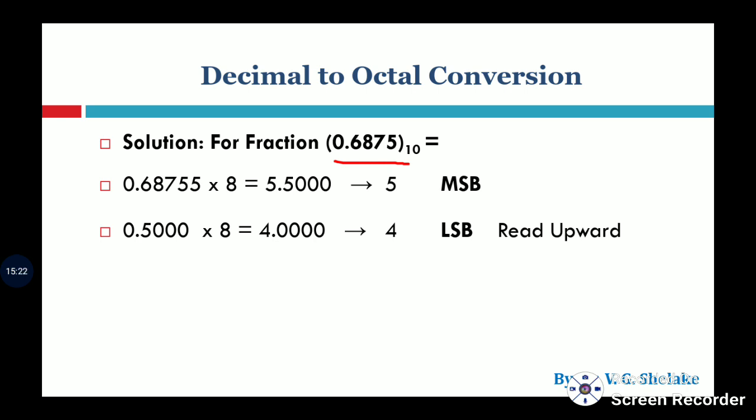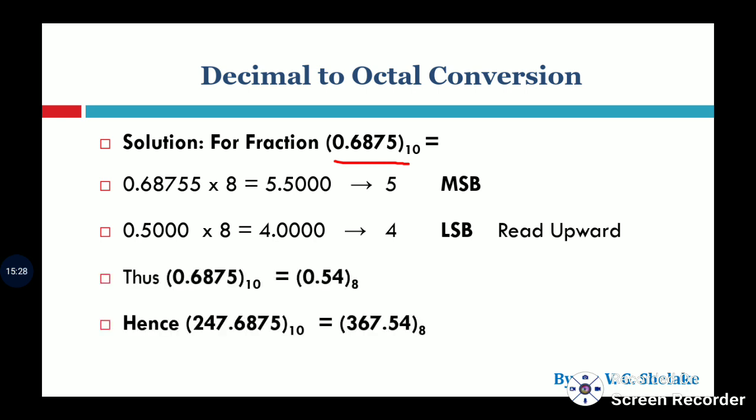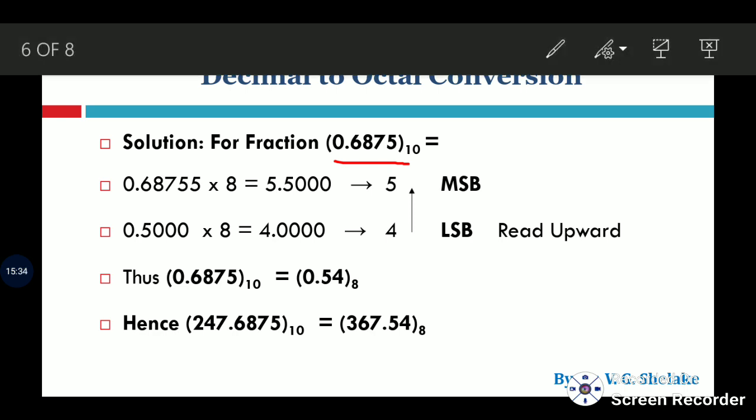So the result will be 54, and that result is noted down in downward direction. This is like this because the result goes on increasing if there is no zero.